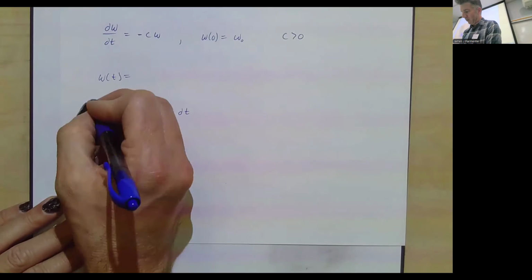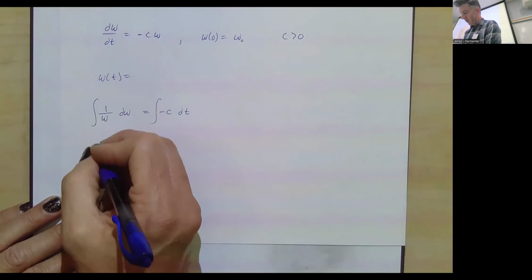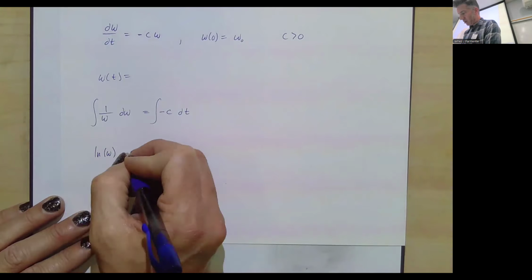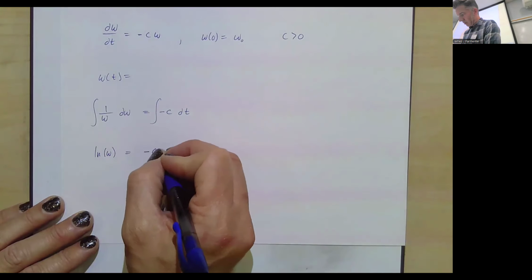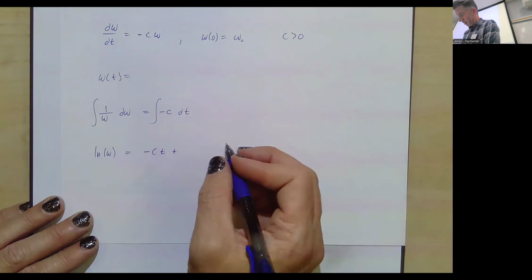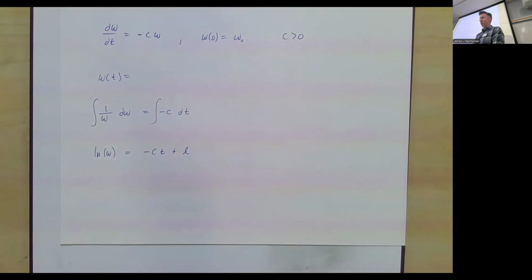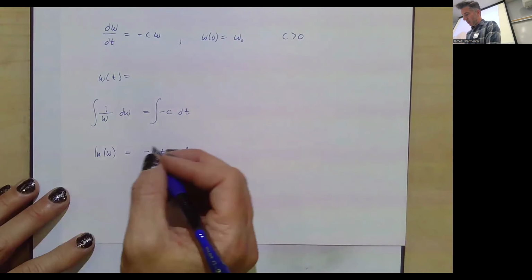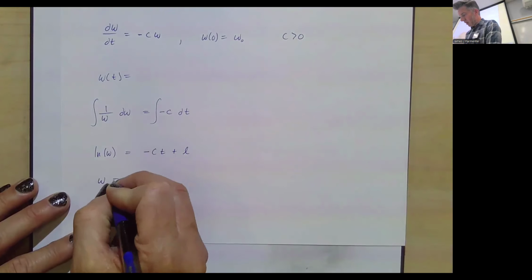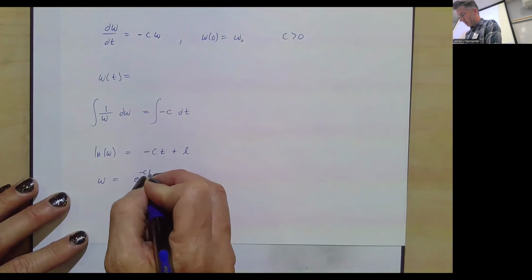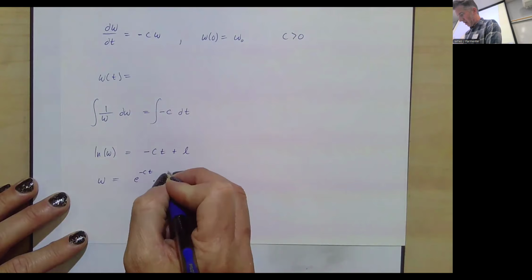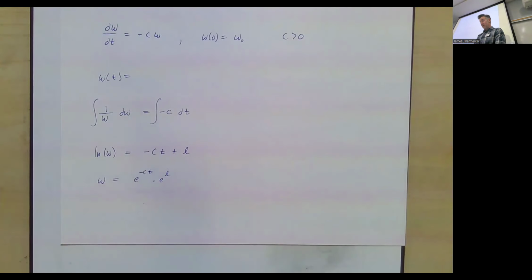And then we anti-differentiate both sides. On the left, we get the natural log of W. On the right, we get negative C times T plus some constant. I'm going to call it L, just to change it up for once. Same stuff, exponentiate both sides. You get W equal to e to the negative C times T times e to the L. And then e to the L is a new constant.